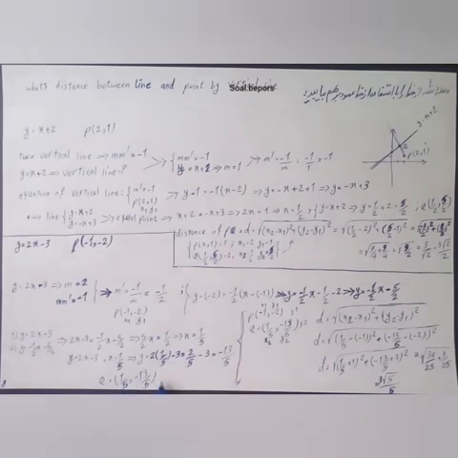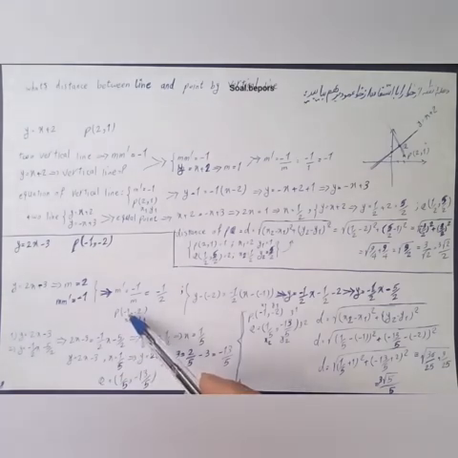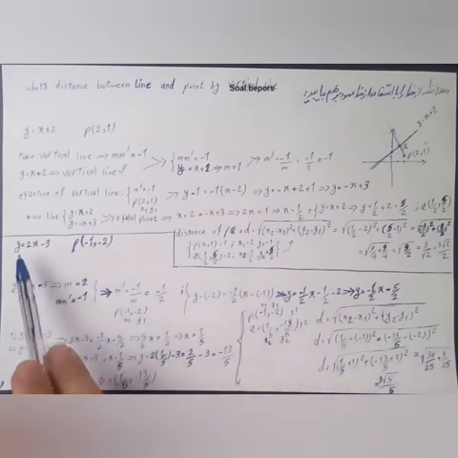We know that the distance between point P and Q, the crossing point, is the distance between P and the line.